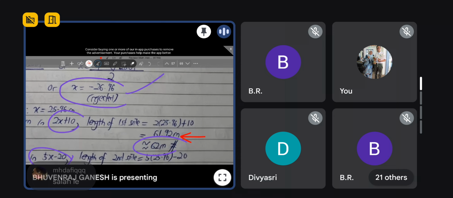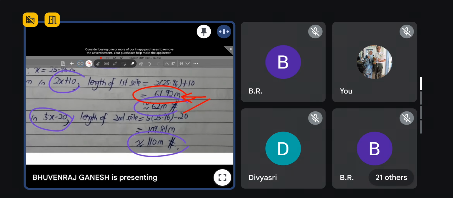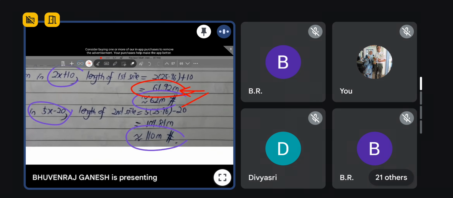Adakah saya dapat markah penuh? Correct, no. If you leave your answer here, although correct, you won't get the final mark. Maka akhir, bye-bye. Because they ask you to round to the nearest integer, bundar kepada integer terdekat. So you must give a whole number, 62 and 110.